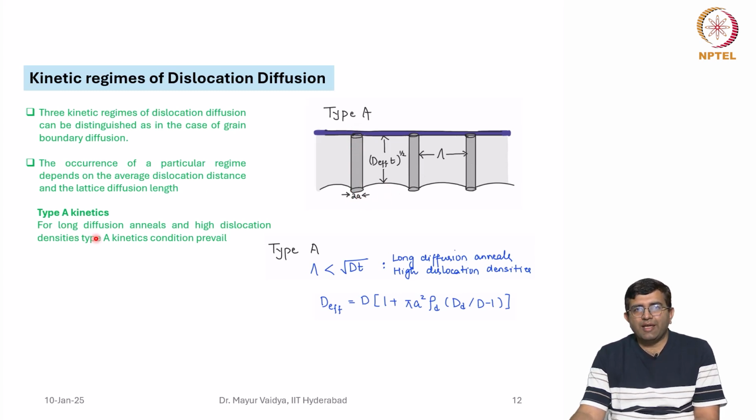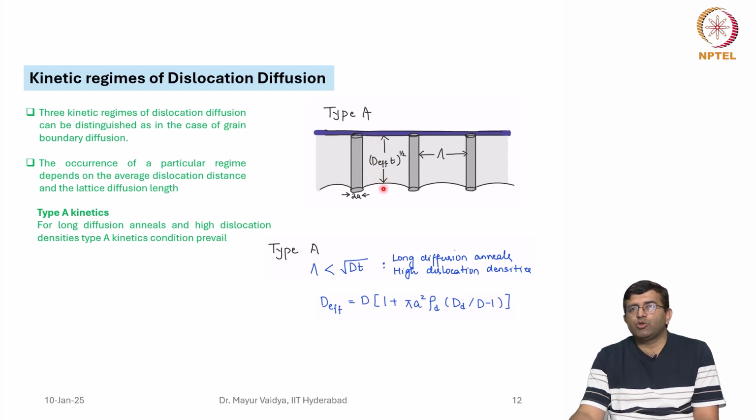So the type A kinetics is for the long diffusion anneals and high dislocation densities. The high dislocation densities means these are very near to each other. So in that case, when they are very near to each other, then for example, if you are here, there is a contribution of the diffuser coming out of this dislocation as well as this dislocation, as well as coming directly from the lattice itself.